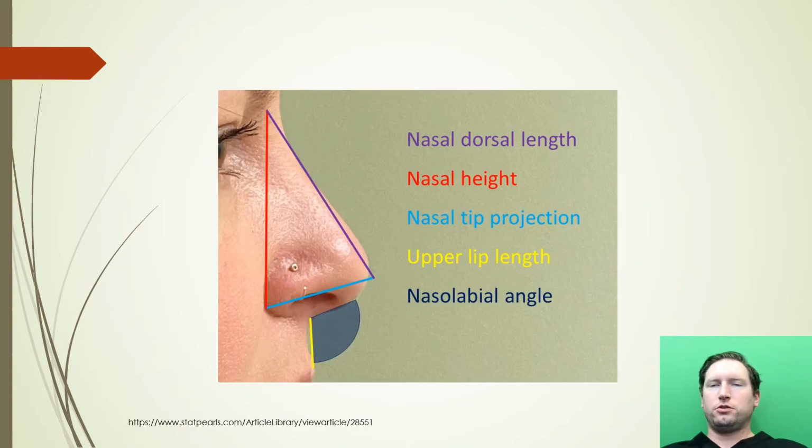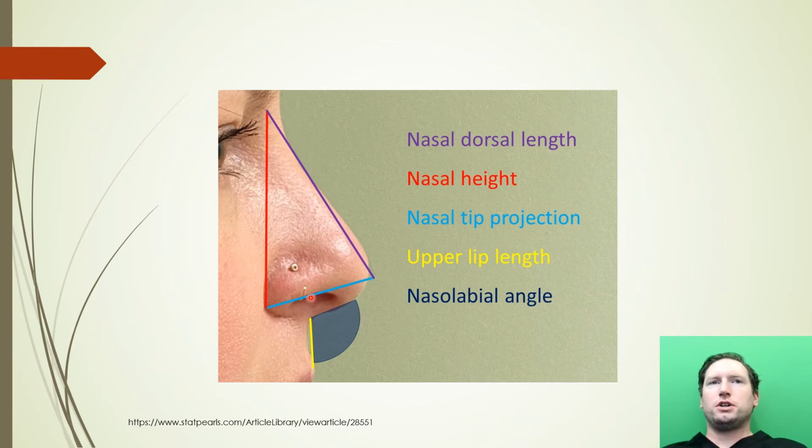When we look at the nose from the profile view, there are a number of different angles and measurements that can be taken. This oversimplifies it, but it goes over the major parameters that we look at. So the length looks from the starting point of the nose to the tip defining point. The nasal height is less important in my opinion, but that runs from the same point of the radix down to the base of the ala.